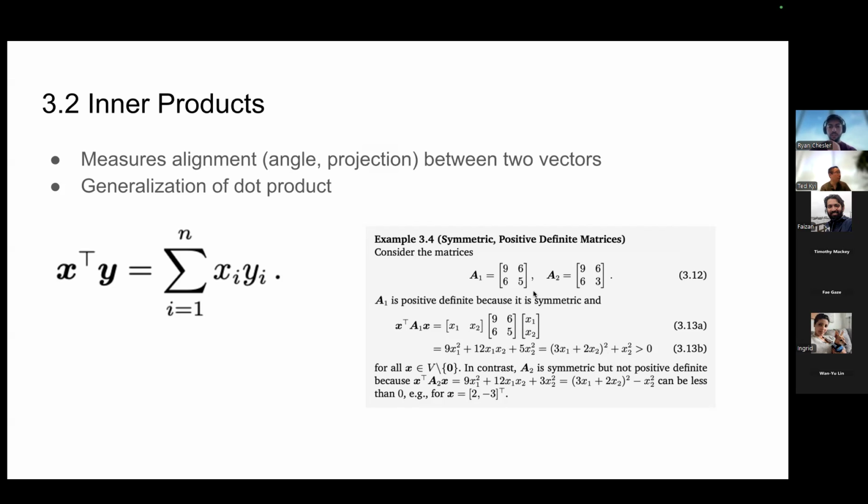So that's for A1, but if you look at A2, and they multiply it all out and they get this equation. And then you see that because it's actually negative x squared, this can actually be negative at certain portions of this. So this is one example of just symmetric positive definite matrices. So A1 is symmetric positive definite and A2 is only symmetric.